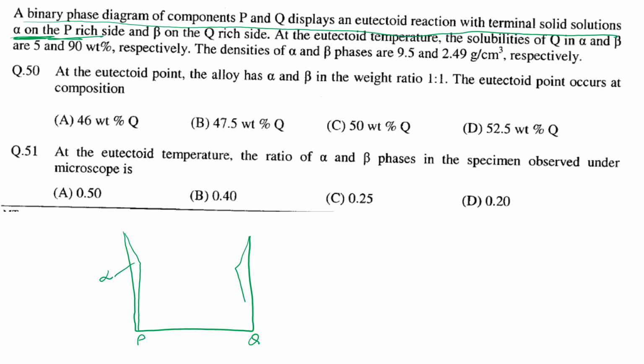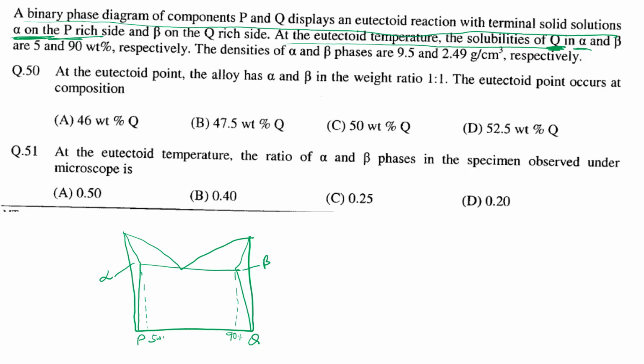This is the eutectoid temperature. At the eutectoid temperature, the solubility of Q in alpha, that means the Q amount in alpha, is 5%. And in the case of beta it is 90%, so let it be 90%.